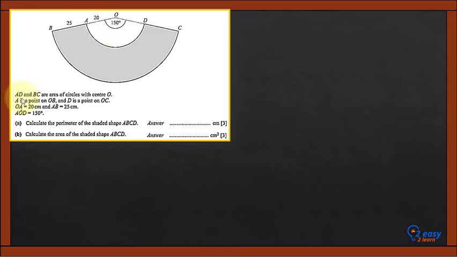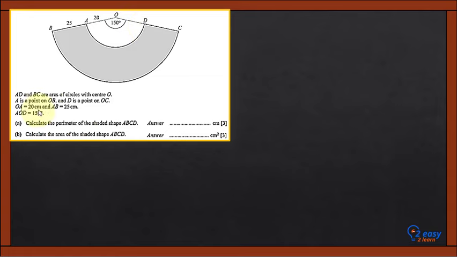Let's read this question. AD, where is the AD? This is the AD. And BC, this one, are arcs of circle with center O. This is center O. E is a point on OB, and D is a point on OC.